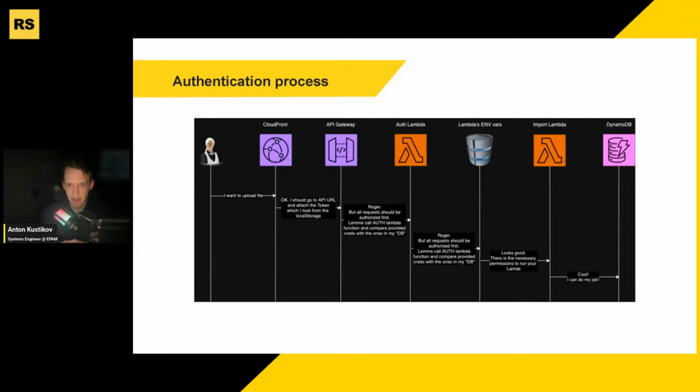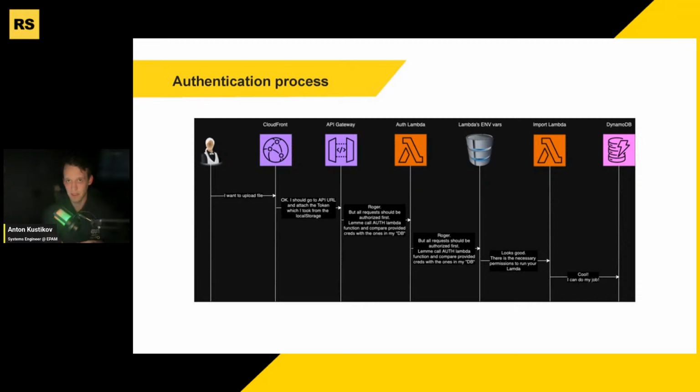But in this case, as I already mentioned, we will use environment variables to store the accepted tokens. This Lambda function will just make sure that the provided token matches the entries in our environment variables.